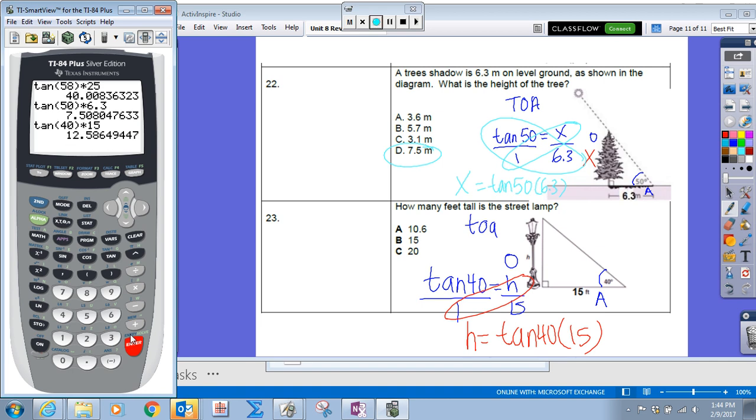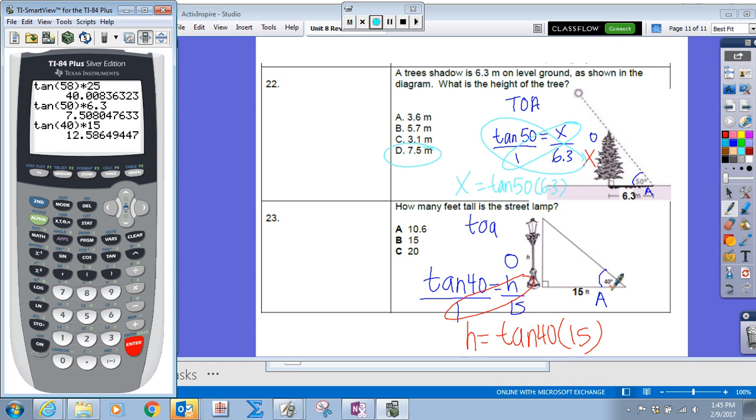Okay, I'm getting 12.58. So I don't know if I misread this angle. I think it says 40. It definitely says 40.